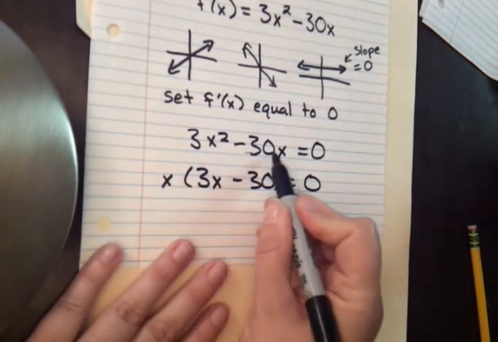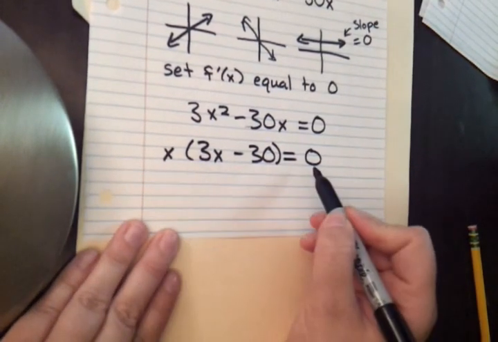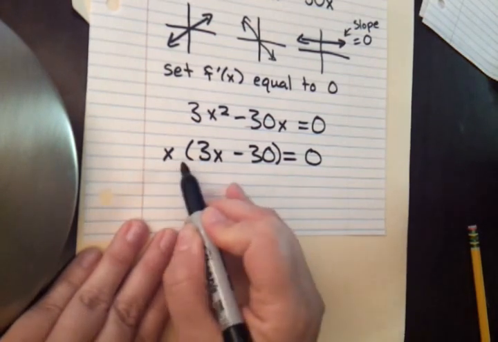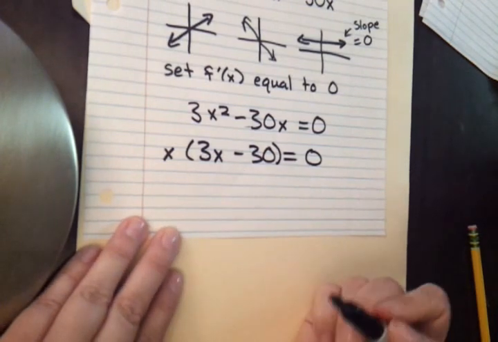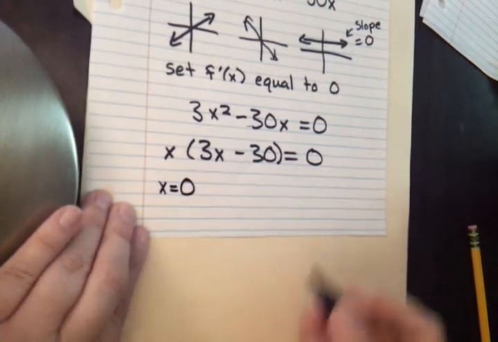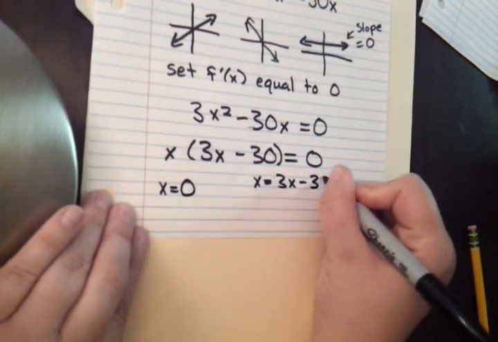All I did was factor out an x from up here. So now I know, because I've got 2 terms here, this x and this 3x minus 30, and if I multiply them together it equals 0, that means either x equals 0 or 3x minus 30 equals 0.